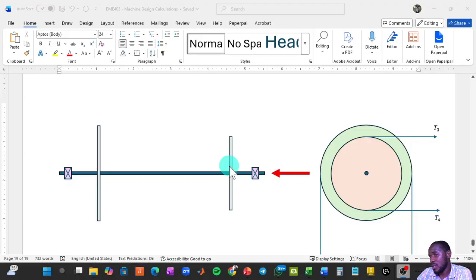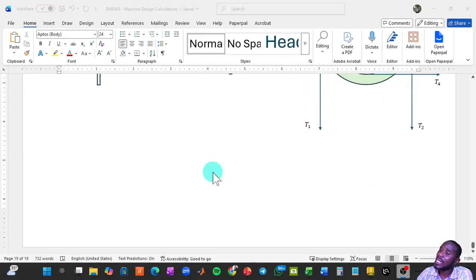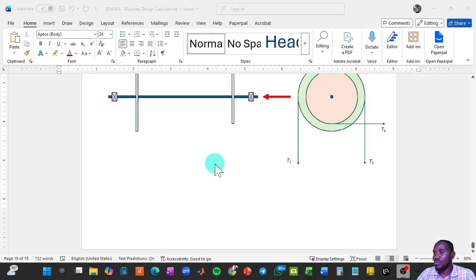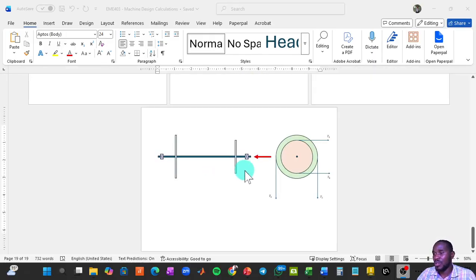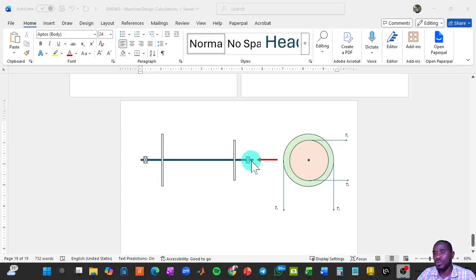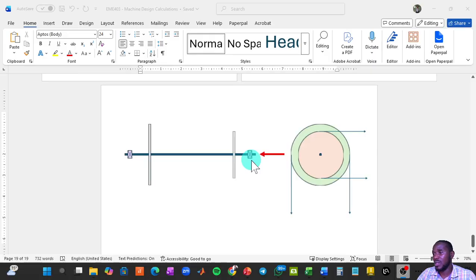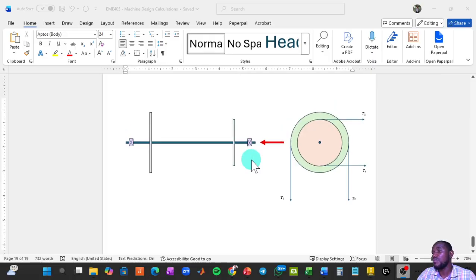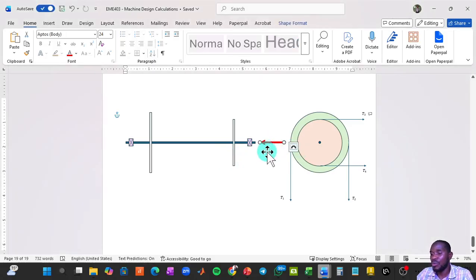Okay, does our diagram have everything that we need? No, it doesn't. I'm going to zoom out a bit so that we can see one or two things. I hope that this is clear enough. I don't need this arrow anymore. You do understand what it was for.